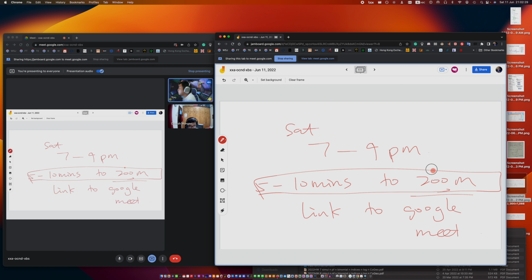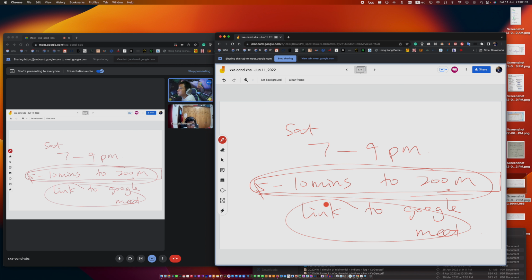So basically we communicate through Zoom for the first 1 to 2 minutes. Then we just quit Zoom and jump to Google Meet immediately. That's how we continue to use Google Meet to finish the rest of the lesson, because Google Meet has no limitation.